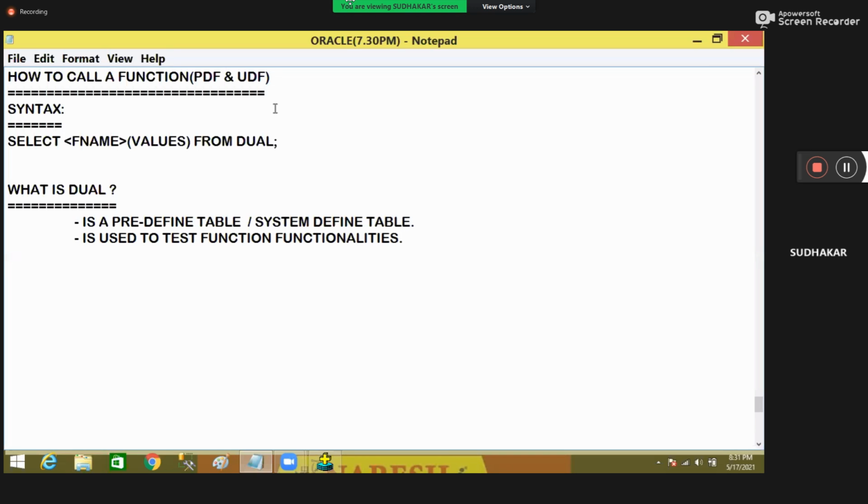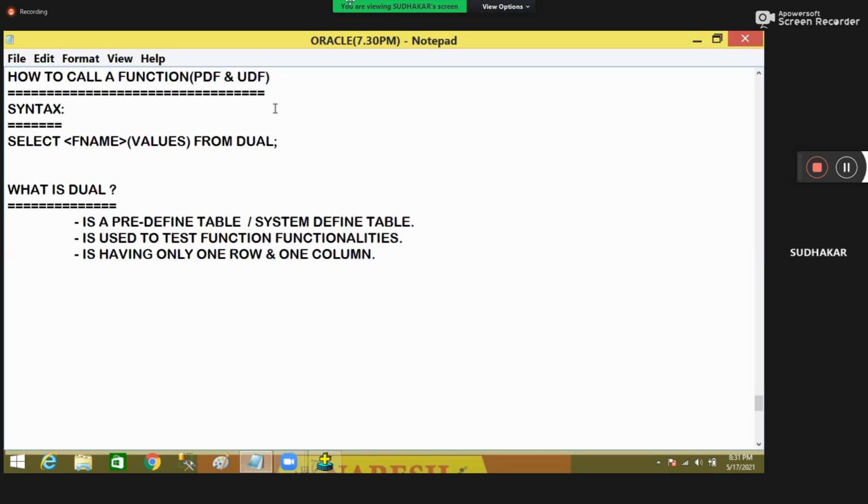And this table has only one row and one column, guys. More than one row or more than one column you can't see.